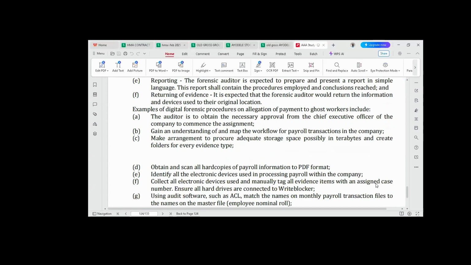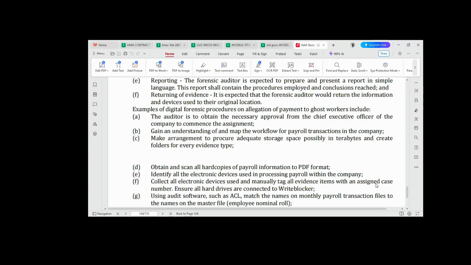Electronic devices means the biometric devices, okay, if they have it, or if they have a clocking machine, okay, if they have it. So these are some of the information that is going to serve as a source of information to the forensic auditor. You will collect all electronic devices used and manually tag all evidence items with an assigned case number. Ensure all hard drives are connected to a write blocker.